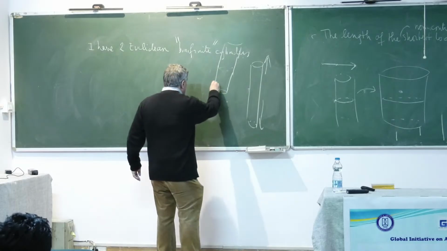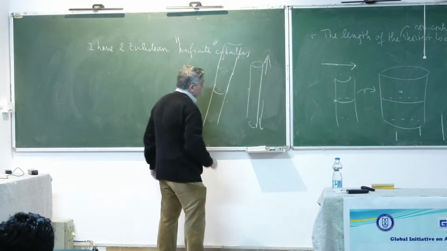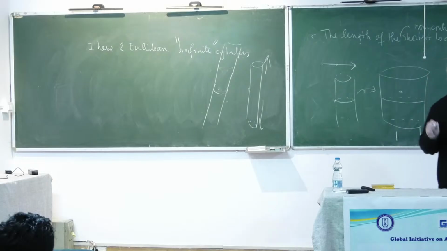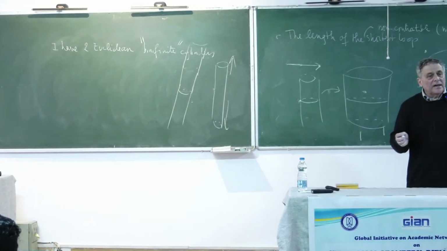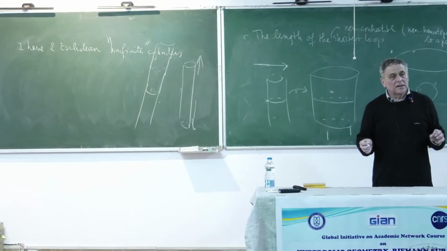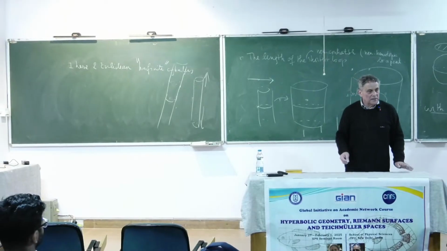But I want to simplify, so I consider the bi-infinite cylinders. I have two bi-infinite cylinders, and my question is, how can I recognize that these two bi-infinite cylinders are isometric or are not isometric?